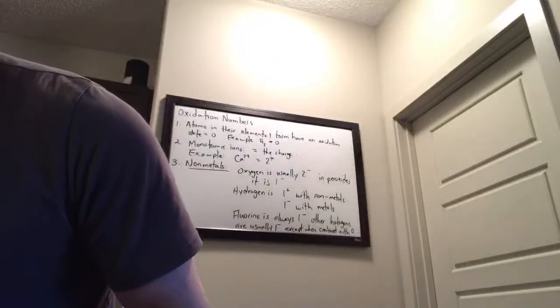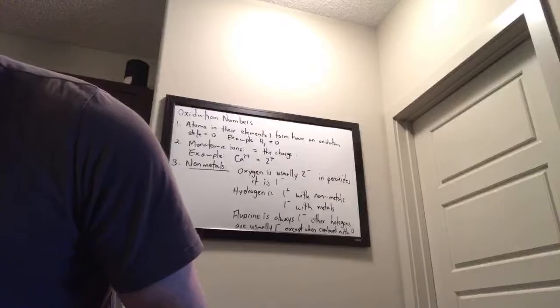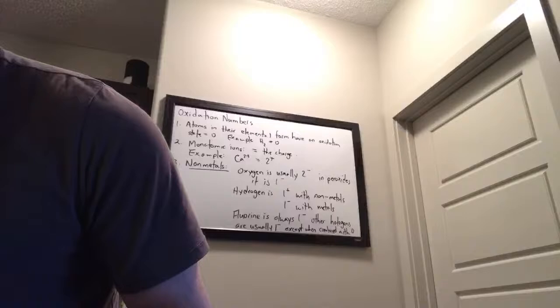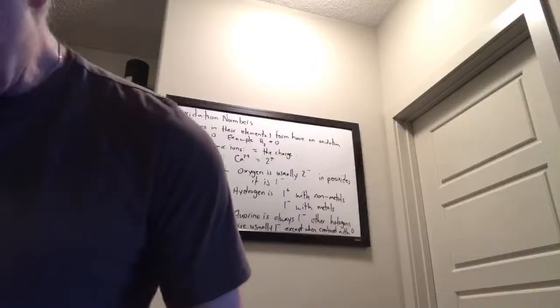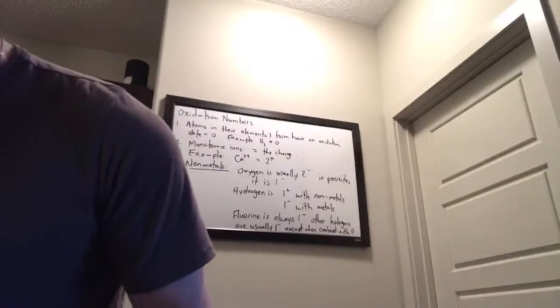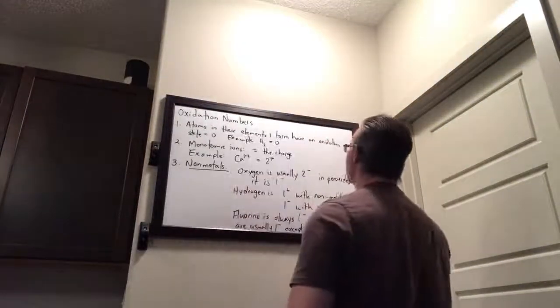So the sum of the oxidation numbers of all atoms in a neutral compound is 0, and the sum of the oxidation numbers in a polyatomic ion equals the charge of the ion. That's the fourth rule.